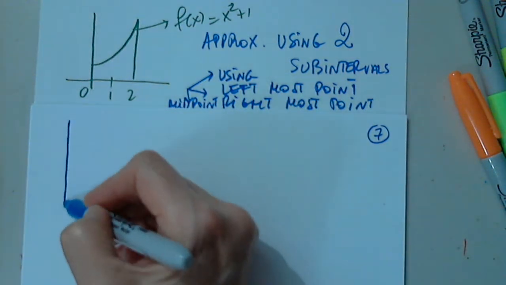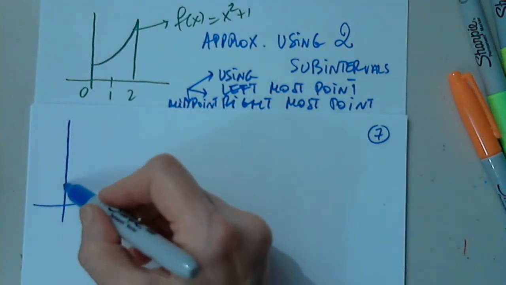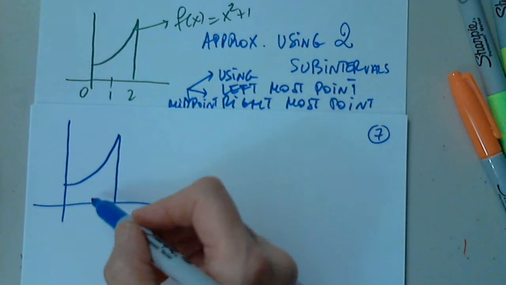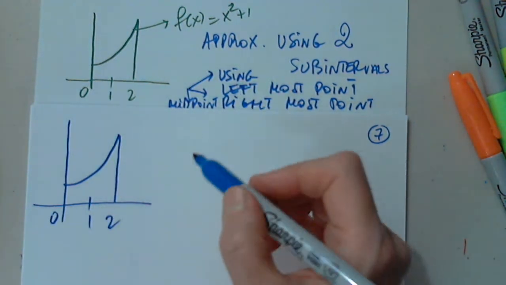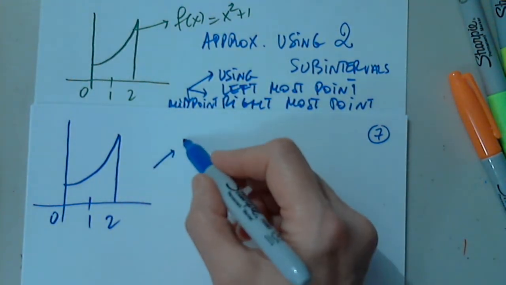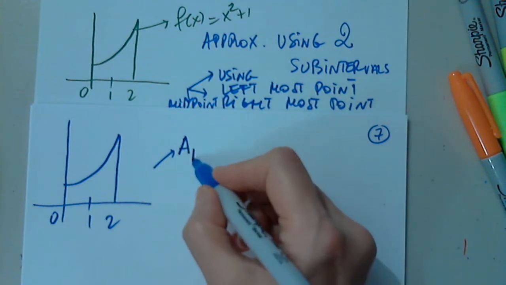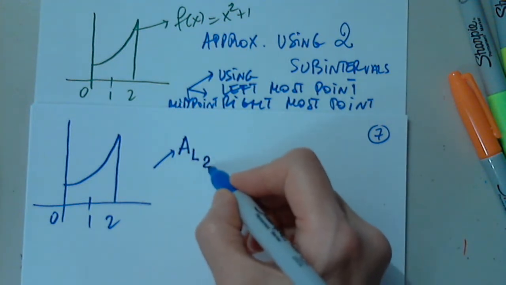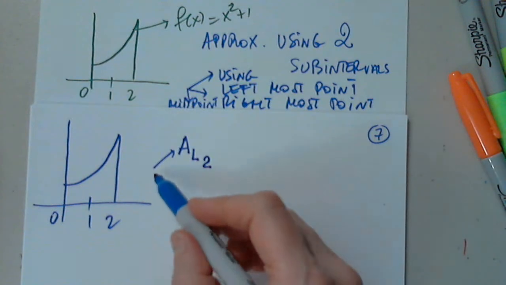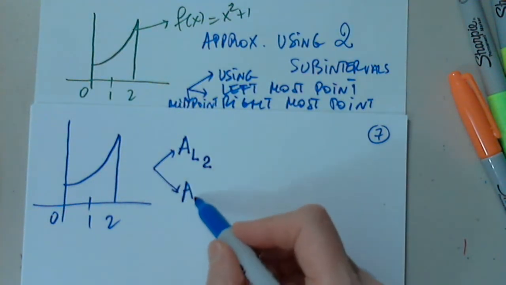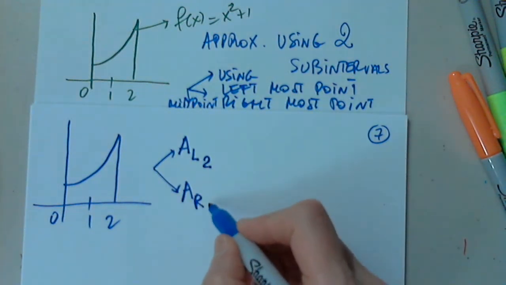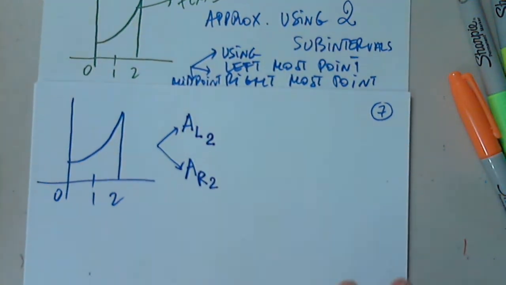So here's the graph. So again, area with the leftmost point with two subintervals. The area with the rightmost point with two subintervals.